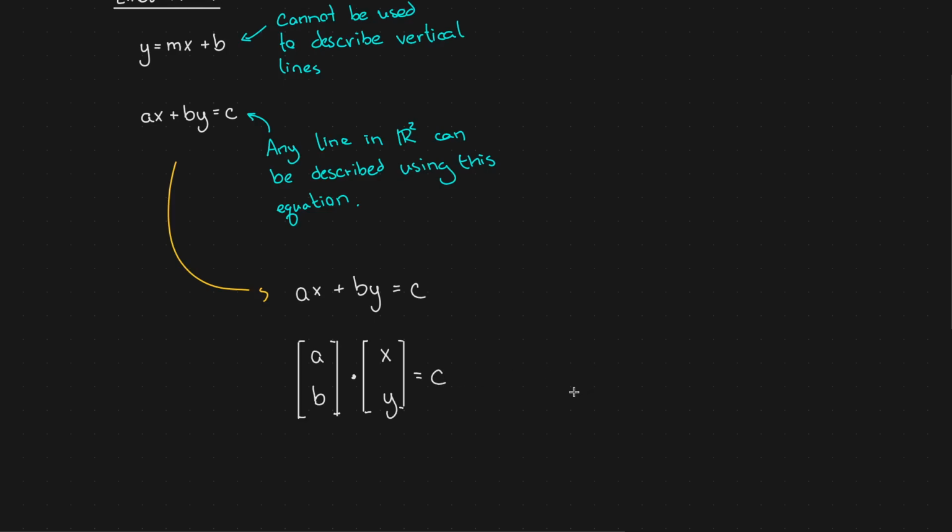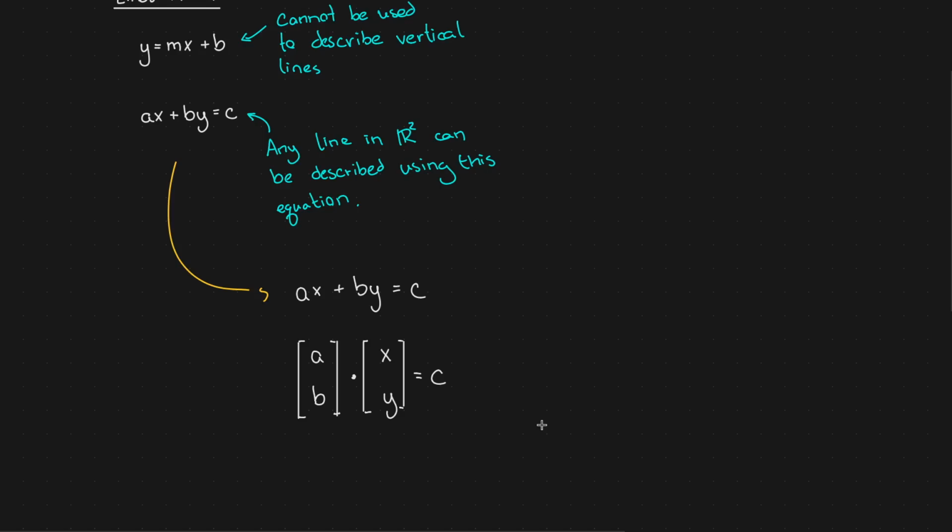Okay, so one way of looking at the equation of a line like this is as the equation telling us something about the angle between the points on the line and this particular vector. Okay, so I want to get at the heart of what that relationship is.